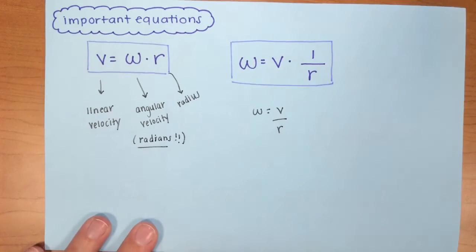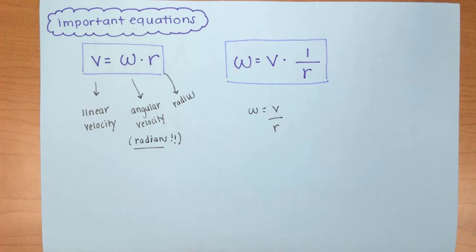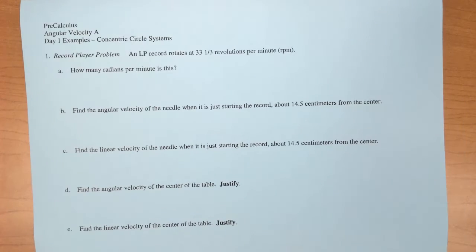You cannot use this equation if angular velocity is not in radians. So just make a note, it doesn't matter what the time is on the bottom, but the unit for angular velocity always needs to be radians per amount of time. Things aren't going to cancel correctly if we don't have it in radians. All right, so here we go.